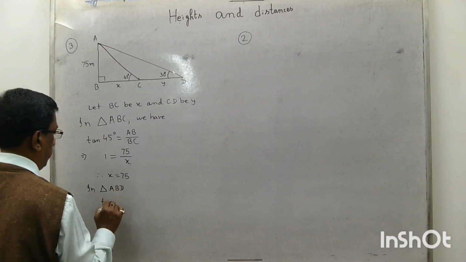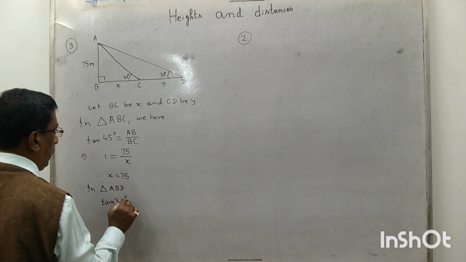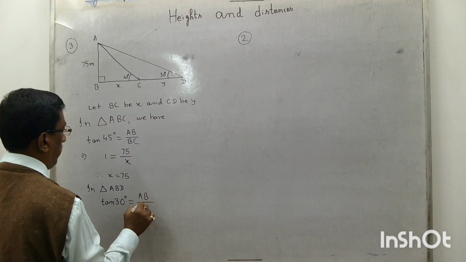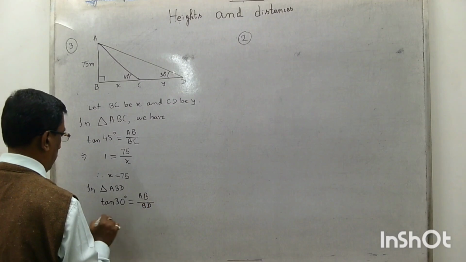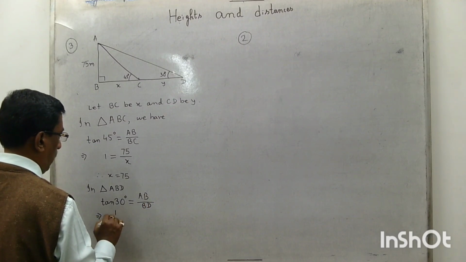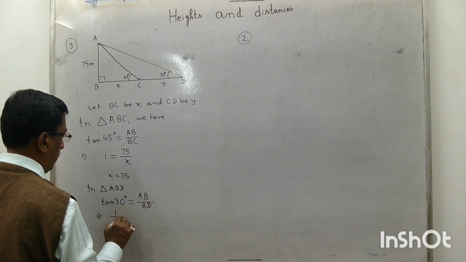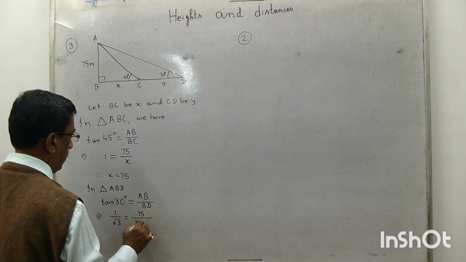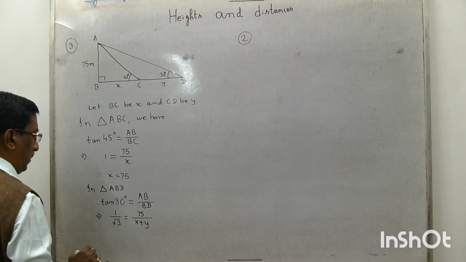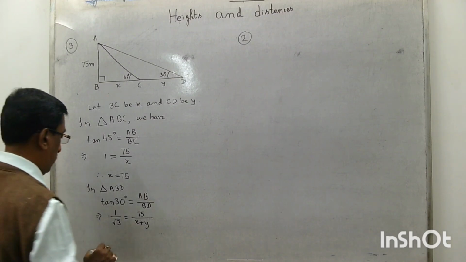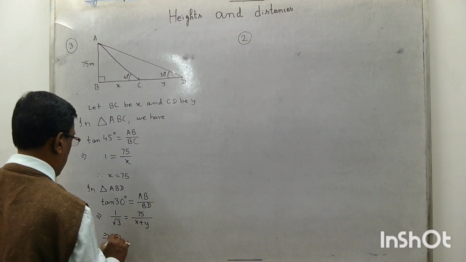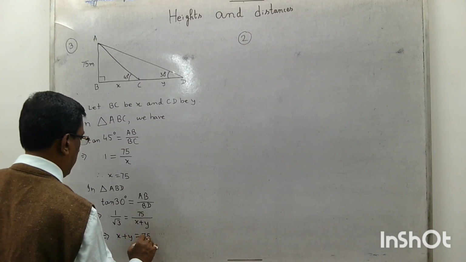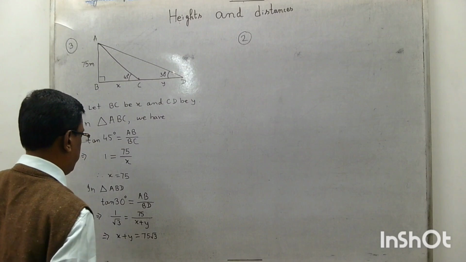tan 30 equal to AB by BD, implies that 1 by root 3 equal to 75 by X plus Y, implies that X plus Y equal to 75 root 3.